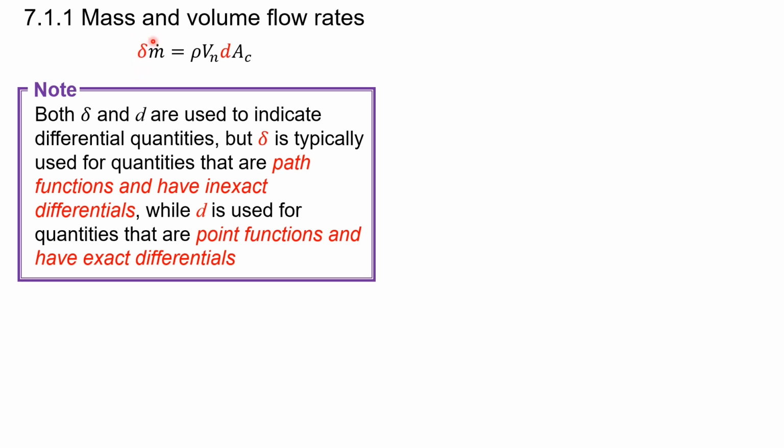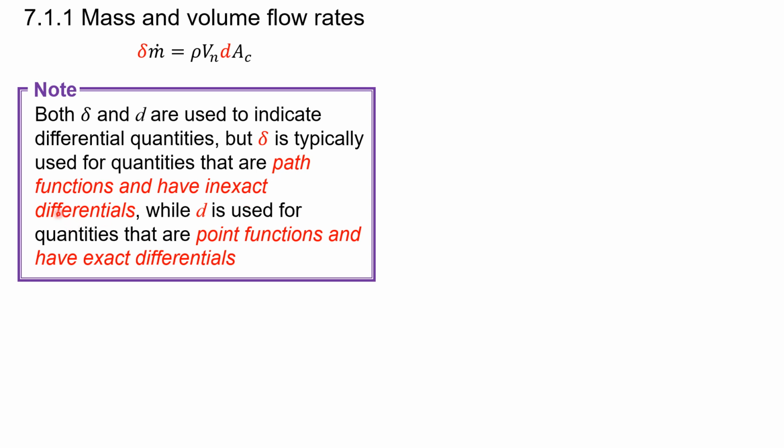We can write it similar to S. Both δ and d are always used to indicate small changes. But if you see the note here, both are used to indicate differential quantities, but δ is typically used for quantities that are path functions and have inexact differentials.